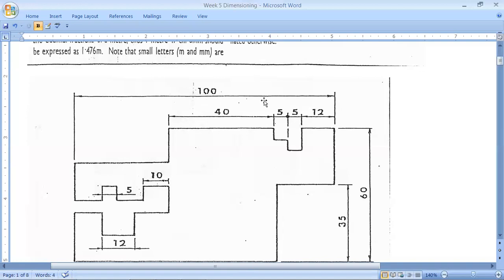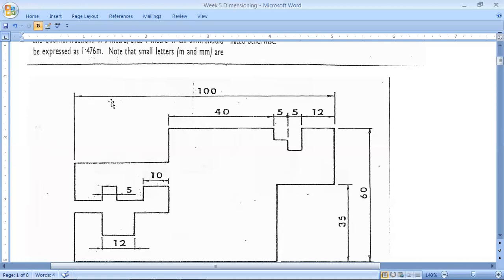The dimension line now is the one that carries the text value of the dimension. This is the dimension line. The extension line and the dimension line are both continuous thin lines, or continuous fine lines, thinner than the outline of the object. The object is thicker; these two lines are thin.